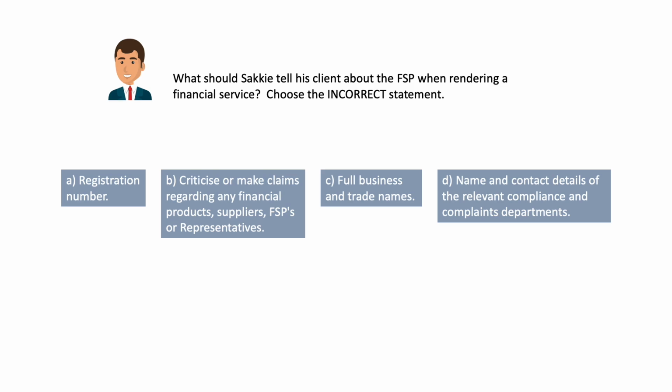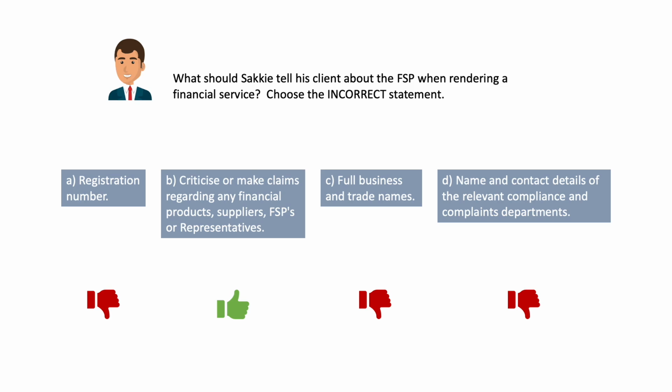Pause the video here and read the question again. Remember, we are looking for the incorrect statement. So what would Saki not tell, inform, or disclose to his client? And the answer is option B. Saki should not criticize or make claims regarding any financial products, suppliers, FSPs, or representatives.